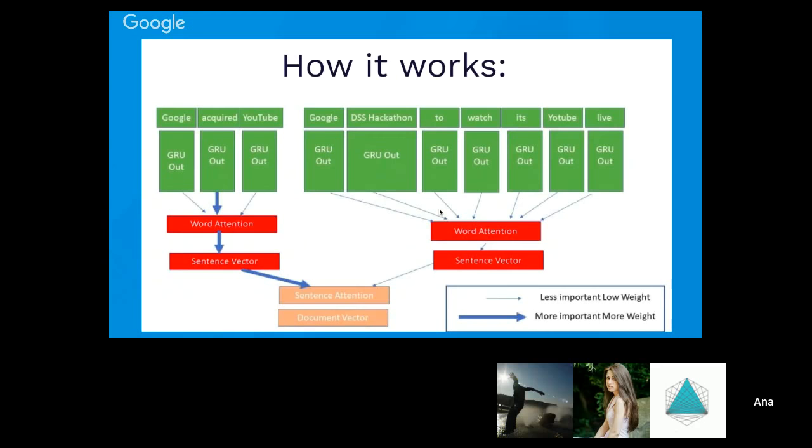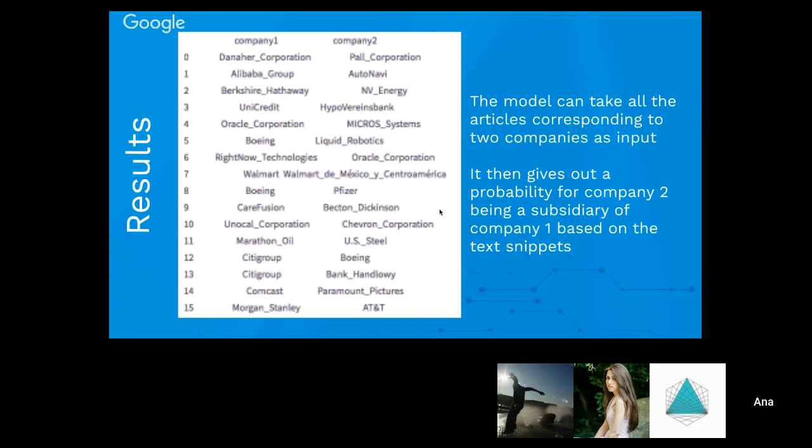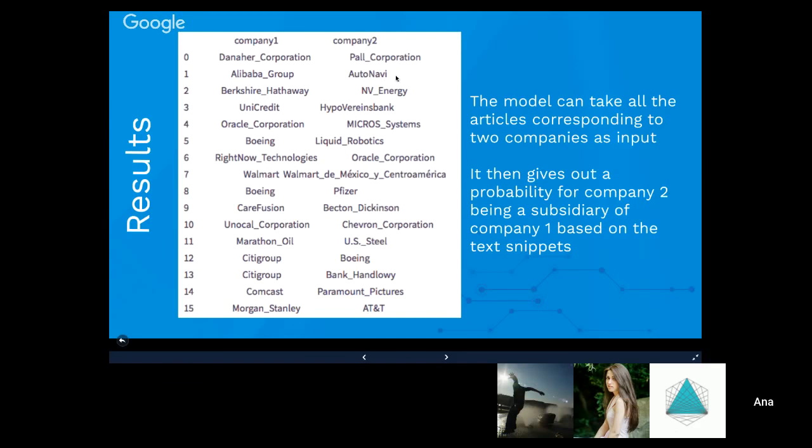Another thing that this model allows for is that we can later on actually find out which are the important sentences that trigger the prediction. This is also something different. If we had to look at the output, again, we have the 2 companies. This is the potential parent company and subsidiary company.